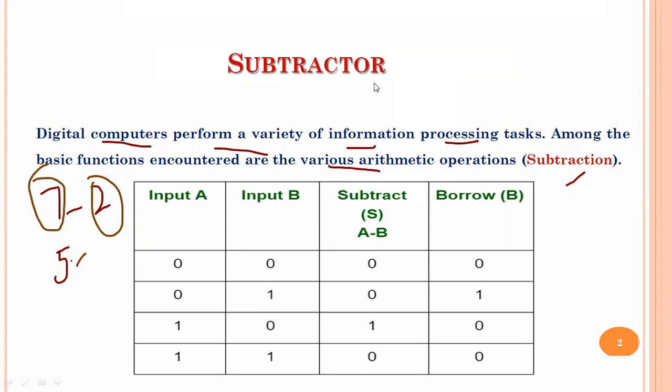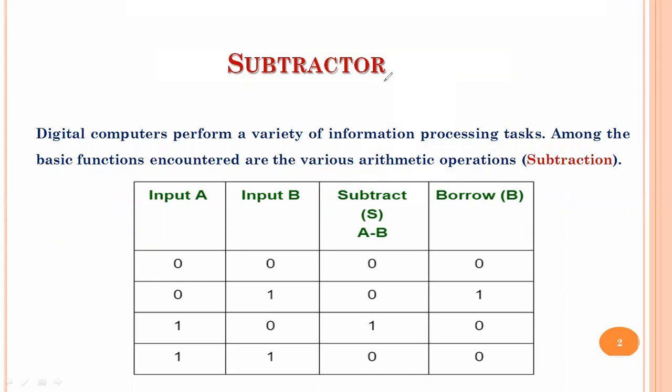Now let's see how the difference, or the subtraction part, will work. So this is input A and input B. That means a two variable input is there, and then we have difference and borrow.